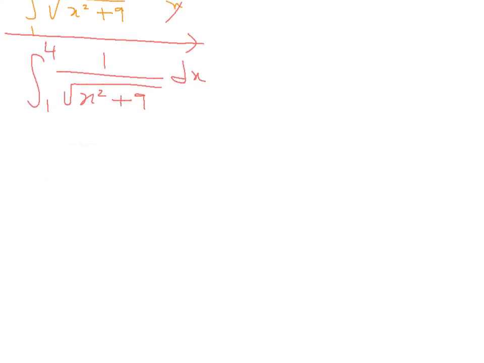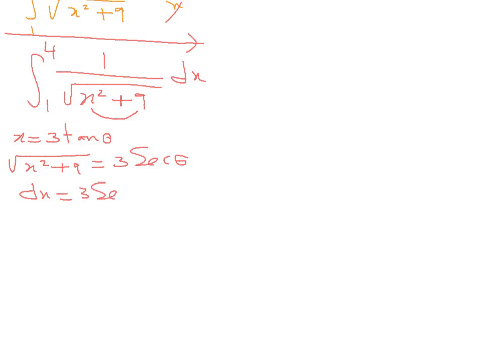Now this can be done using a trigonometric substitution, and this looks like tan squared plus 1. So we are going to take x equal 3 tan theta. So the square root of x squared plus 9 will be, as we know now, 3 secant theta. And dx is equal to 3 secant squared theta d theta.